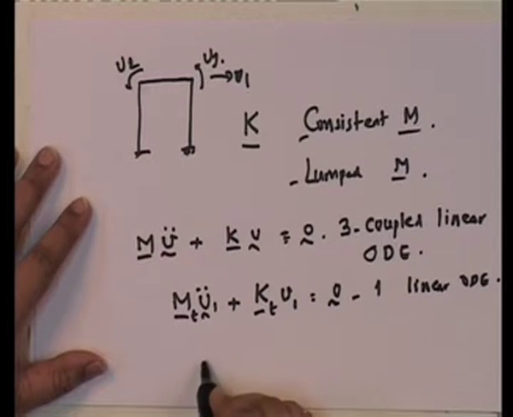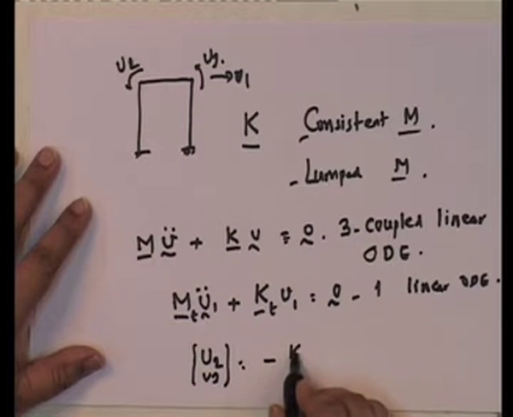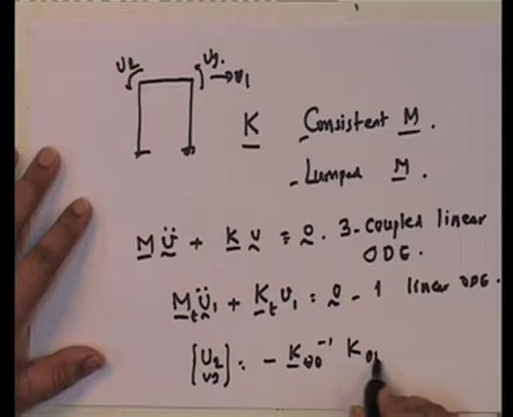Then once you solved for V1, you know V2 and V3 you could get from minus k theta theta inverse k theta t Vt.